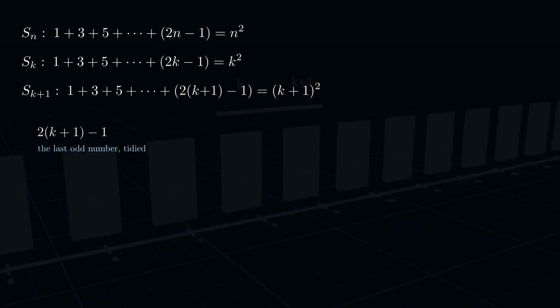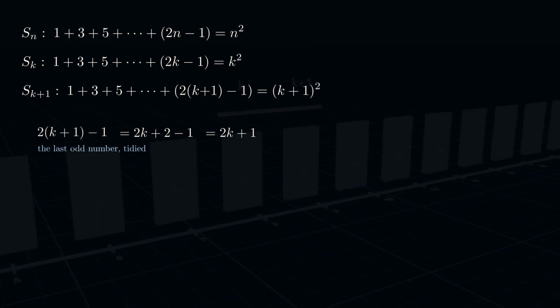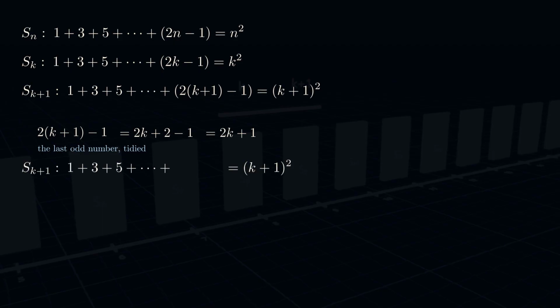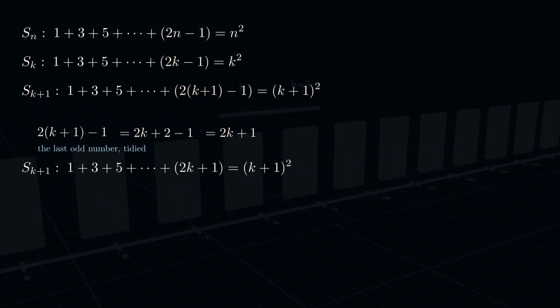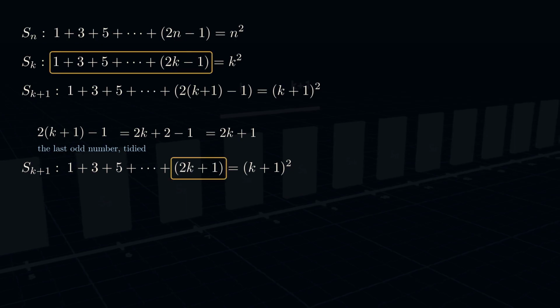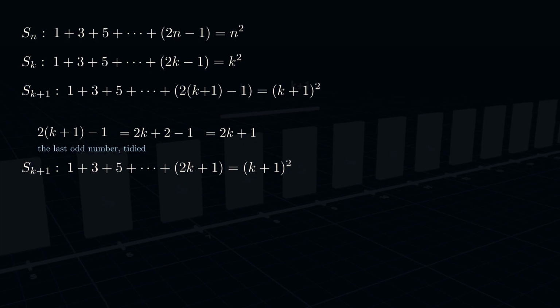Multiply out. 2 times k plus 1 is 2k plus 2, minus 1, 2k plus 1. So Sk+1 says 1 plus 3 plus 5 up to 2k plus 1 equals the quantity k plus 1 squared.